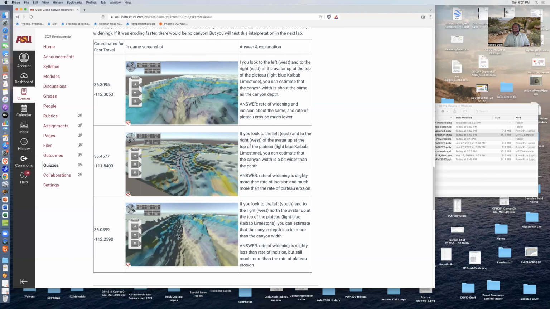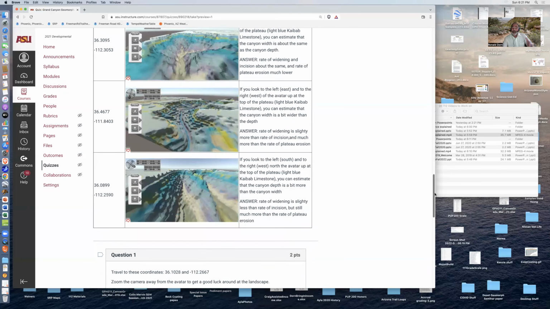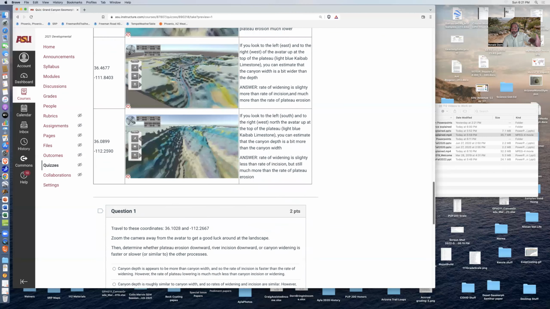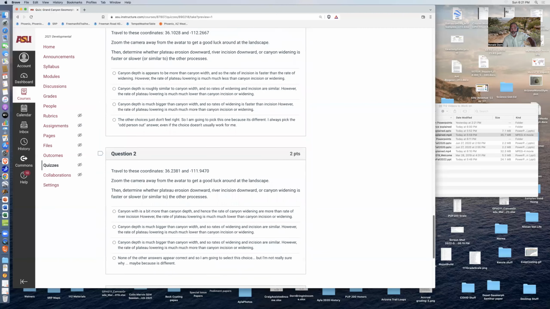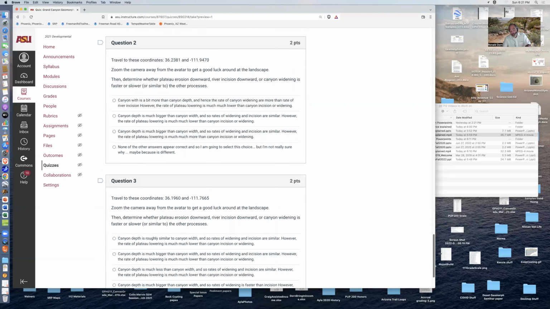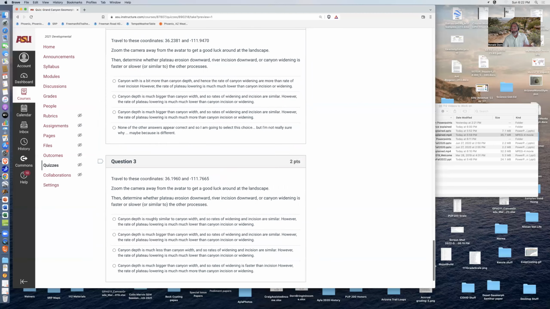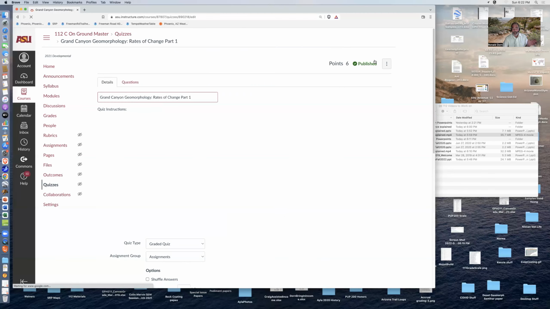So the rate of widening is slightly less than the rate of incision, but still much lower than the rate of plateau erosion. So in this first lab, you have these examples and then Canvas will spit out random coordinates in which you try and do your best and answer your assessment of which one of these models looks correct. We think it'll be on the easier side of things.